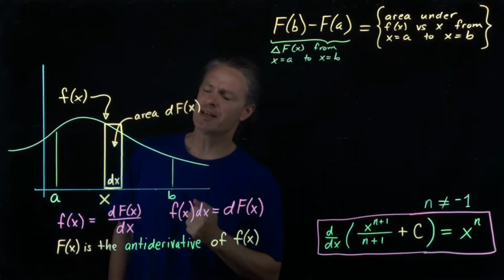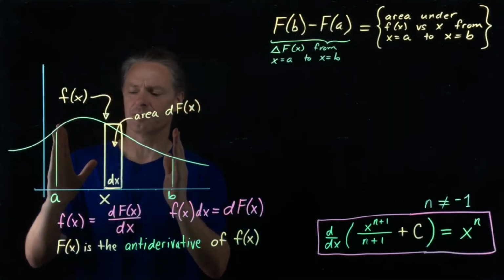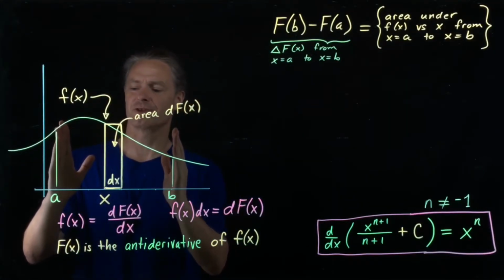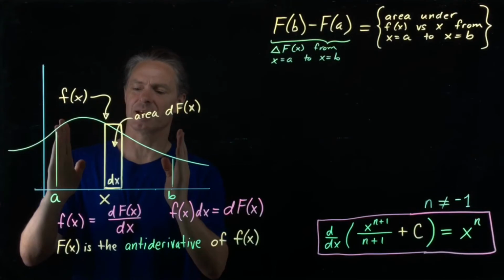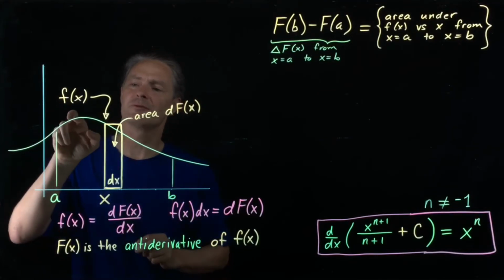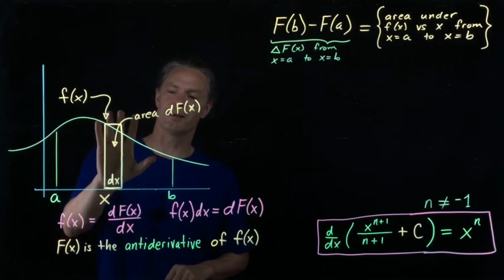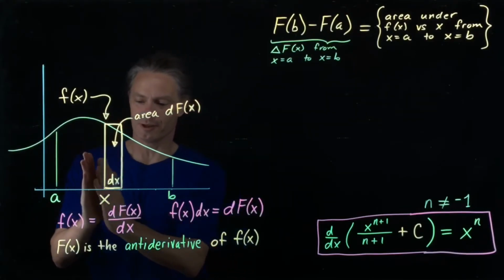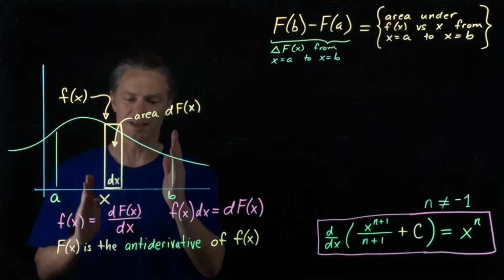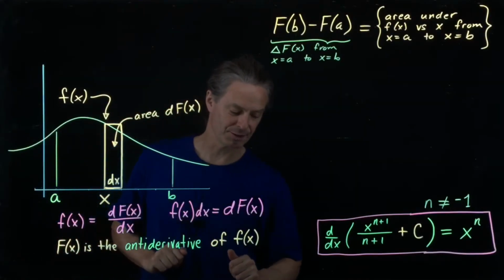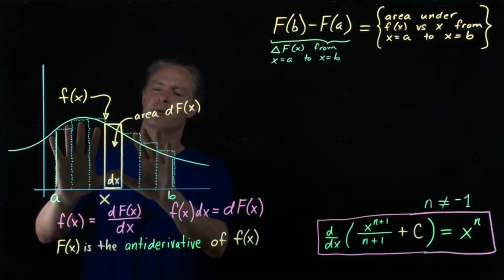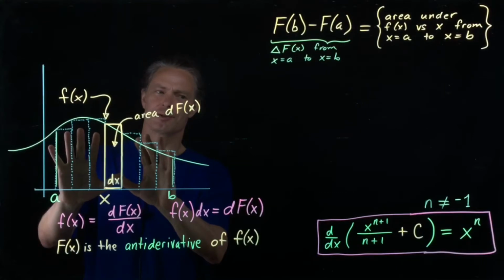OK, so now we need a way to express this area under the curve of f of x versus x from x equals a to x equals b in terms of our function little f of x itself. To do that, let me just replicate this rectangle and fill all the space between x equals a and x equals b with similar rectangles. Now let me write an expression for the area of these rectangles right here.